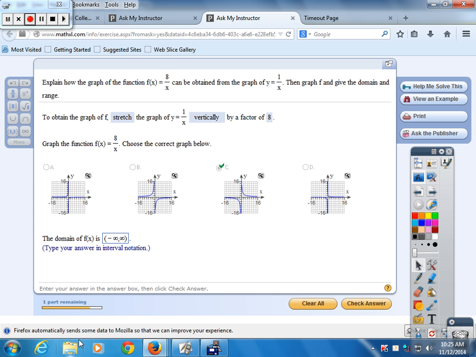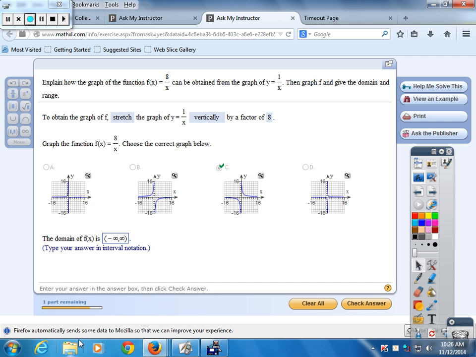If it's 1/4, it'd be pushing down this way, so that would make it go toward the corner. If it's a fraction between 0 and 1, it compresses. 3 halves would be this way, because that's 1 1/2. Anything above 1 stretches.